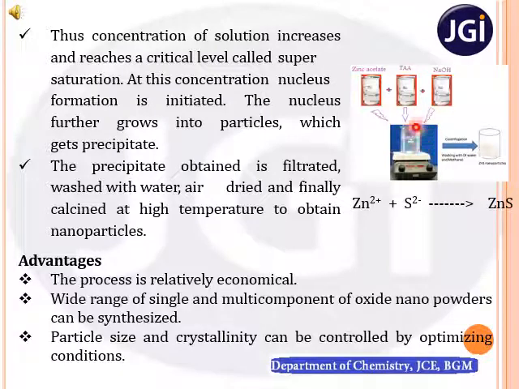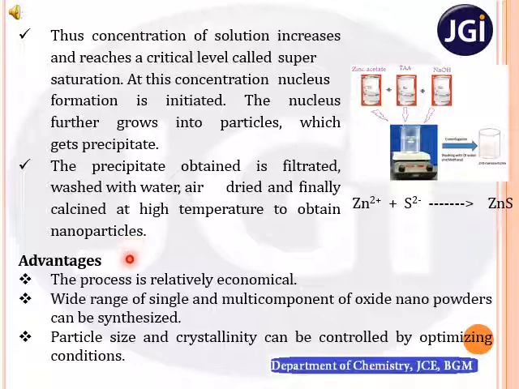By the addition of sodium hydroxide, the concentration of the solution reaches the critical level and the pH is also attained. At this stage, zinc sulfide nanoparticles start precipitating out from the solution. The solution is kept stirred until complete precipitation, then it is centrifuged, washed with water, air dried and finally calcined at about 800 to 900 degrees Celsius to get the zinc sulfide nanoparticles.